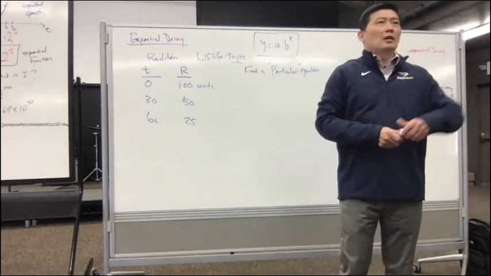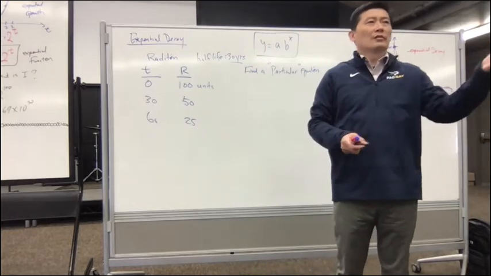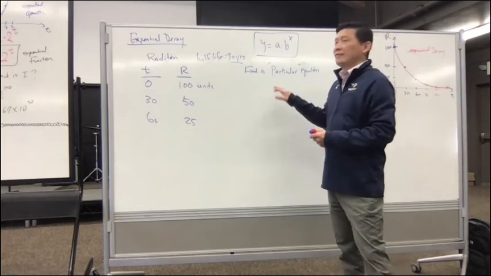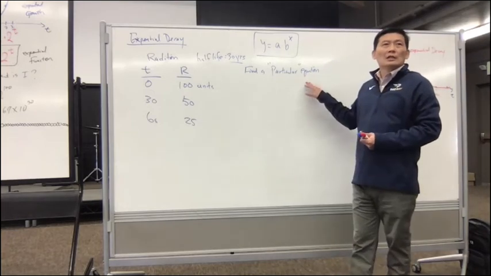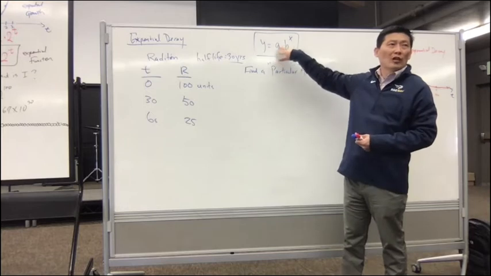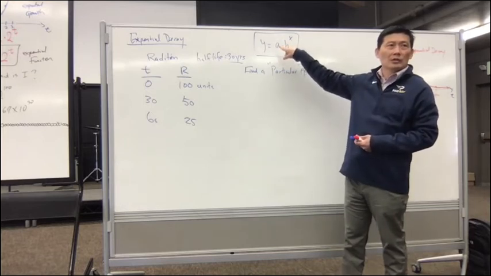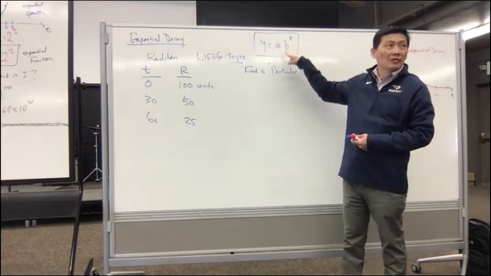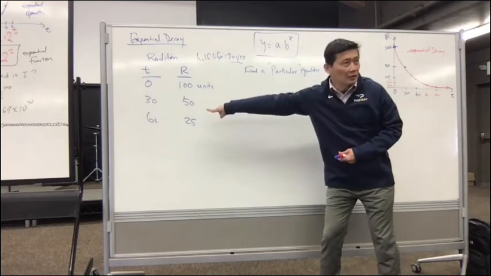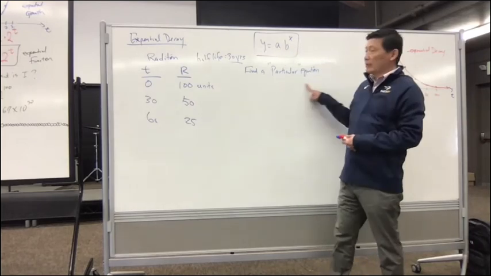In the math tests or problem assignments that you have, whenever they say find a particular equation, that means taking the general equation and figuring out the specific values for the case that you're looking at, and that would be the particular equation.